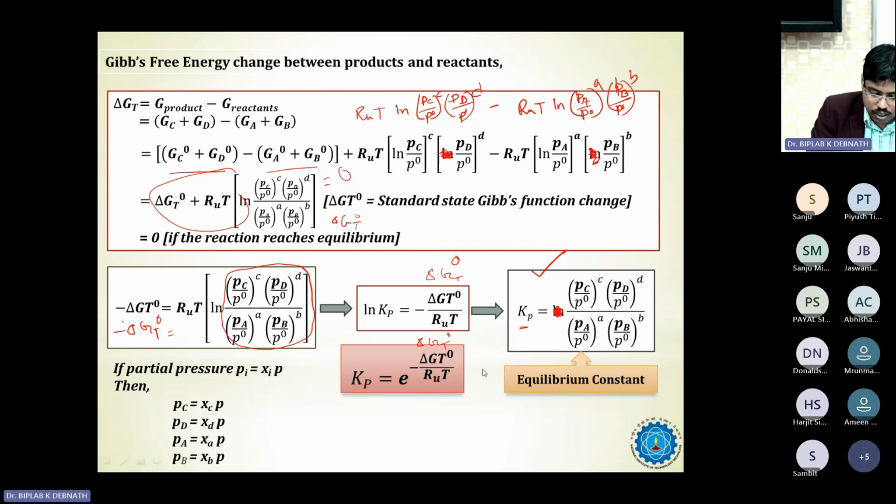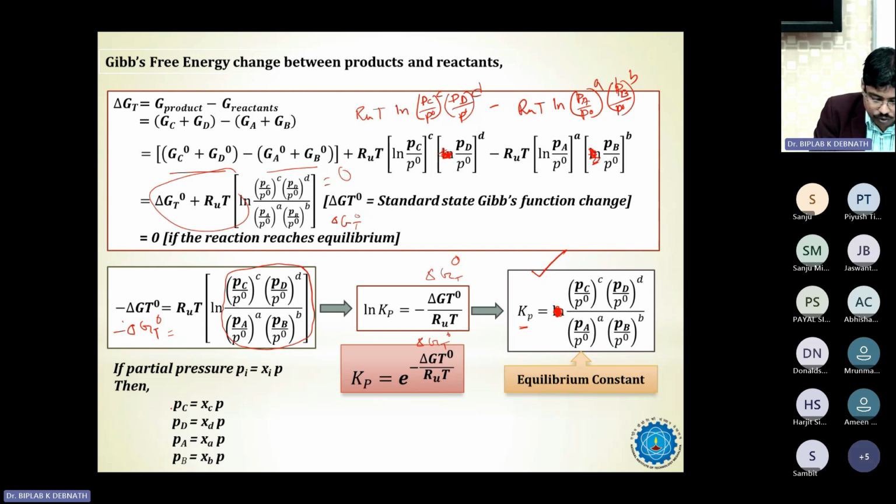Now here, if we write that the partial pressure Pi is equal to mole fraction Xi into the total pressure. We all know that the total pressure is the summation of the partial pressures of all the constituents.